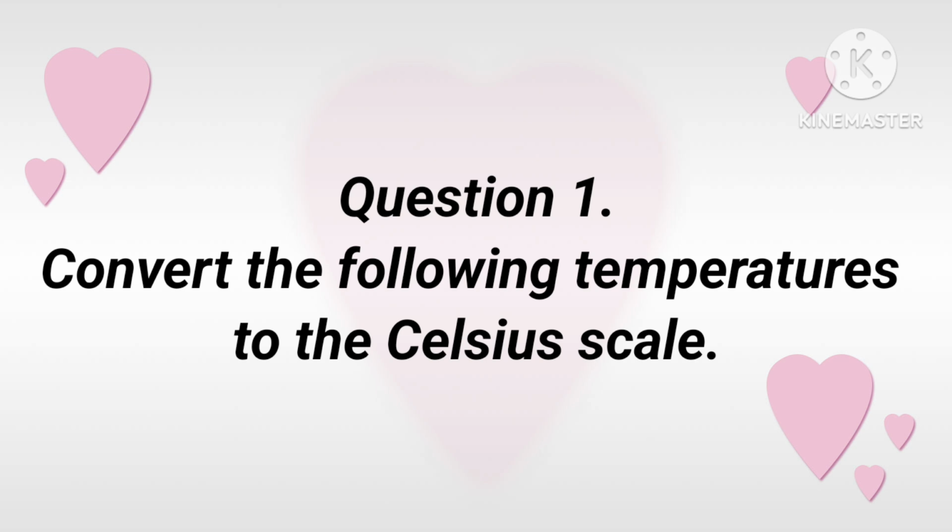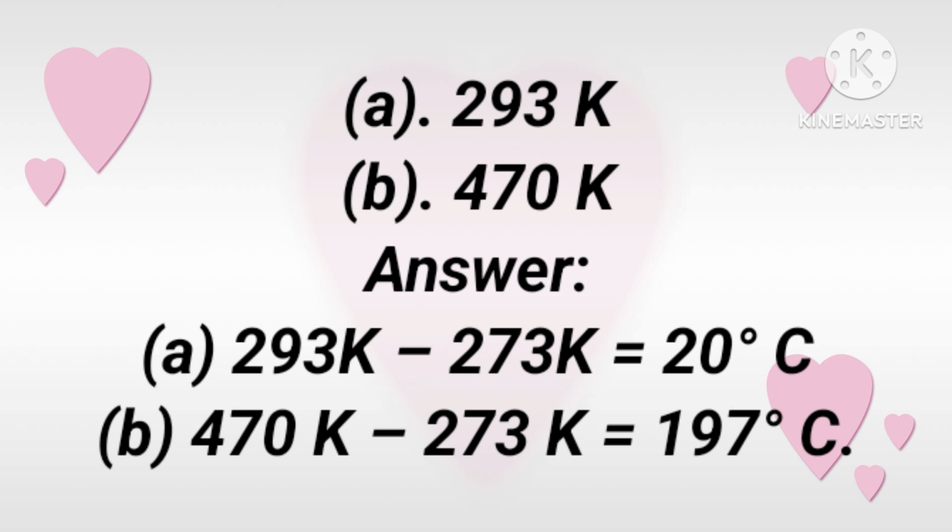There is a formula. First question: 293 Kelvin and 470. Answer: 293 Kelvin minus 273. It is a constant value. 273 is constant. Kelvin minus 273, you will get 20 degrees Celsius.